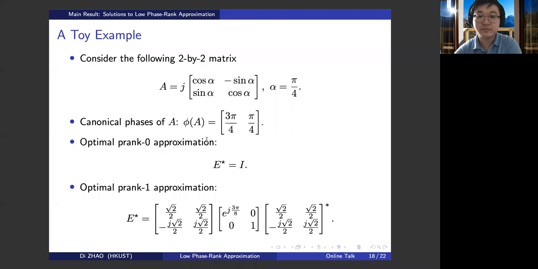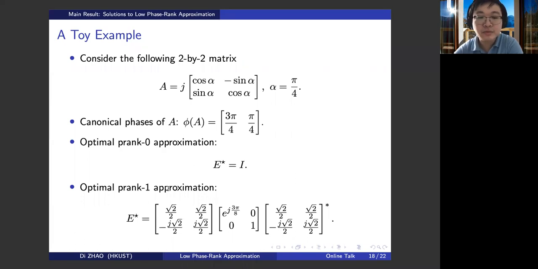The optimal rank zero approximation is given by the identity, because rank zero means the approximant has to be positive definite. And the best positive definite approximation to this matrix A is just the identity matrix. This is easy to understand because this matrix is unitary.